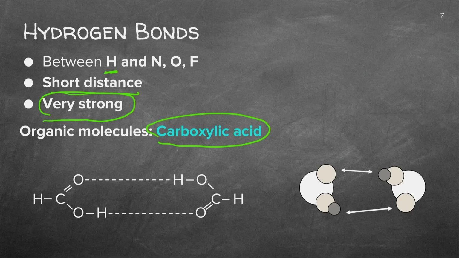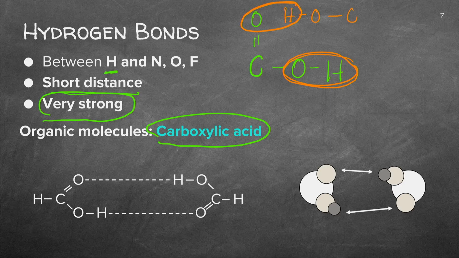Now, can I remind you quickly, a carboxylic acid looks like that. Can you see where the hydrogen bond is? Here's going to be a hydrogen bond. And what happens as soon as that is near another carboxylic acid, there's also going to be a hydrogen bond. Now, this diagram, can you see there?